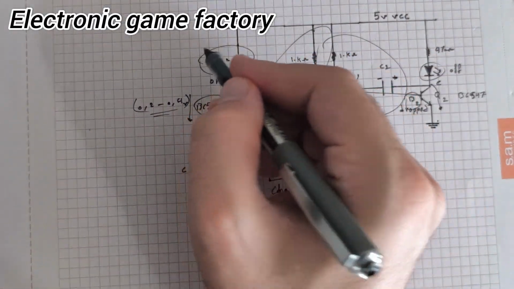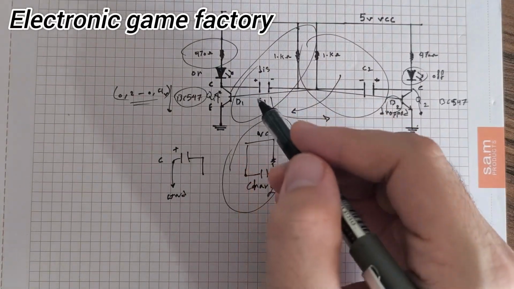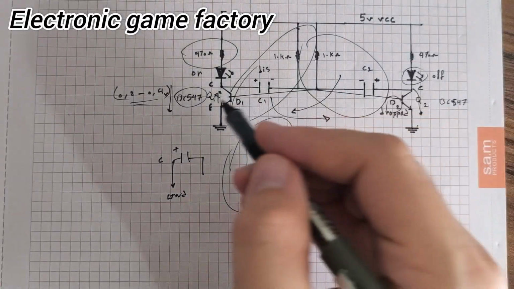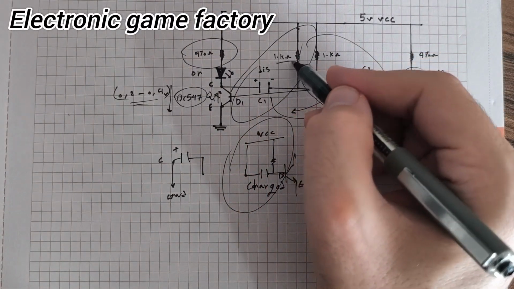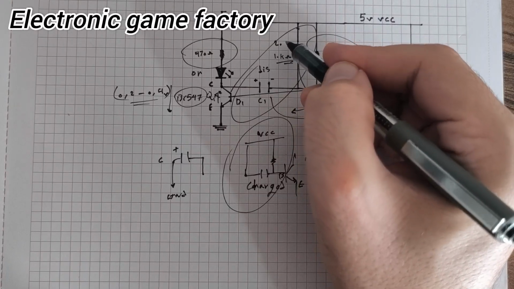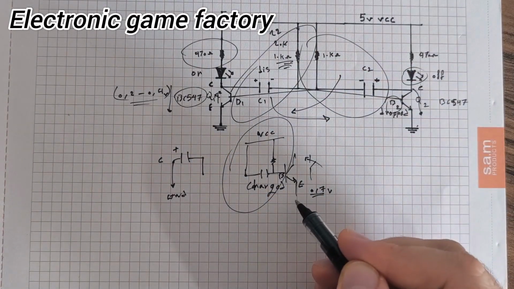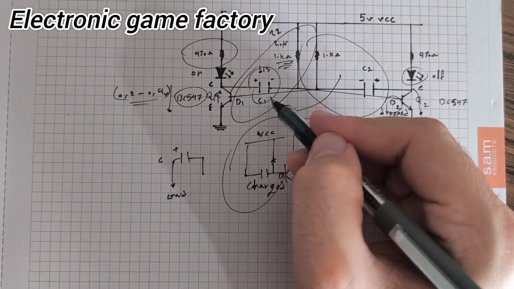We have resistor here 470, or maybe 447. There's no difference. We can use it, or maybe 20 kilo ohm, 22 or whatever we need to charge up and discharge these capacitors.